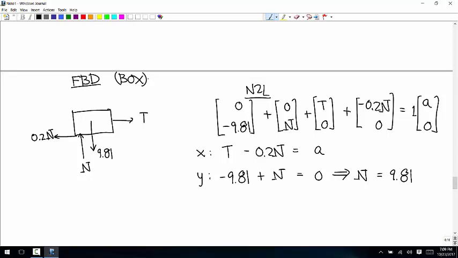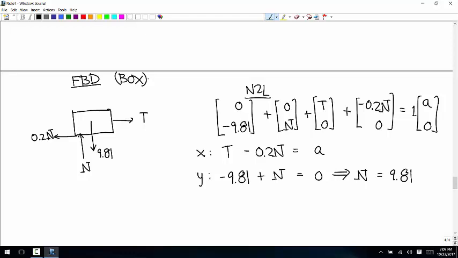Now though, because the horizontal component has that friction force in it, which has the normal force in it, we need to use that y equation in here. Right now, this equation has 3 variables. We want to get it down to 2. So we'll use what we can figure out from the y equation about n and plug it in there.